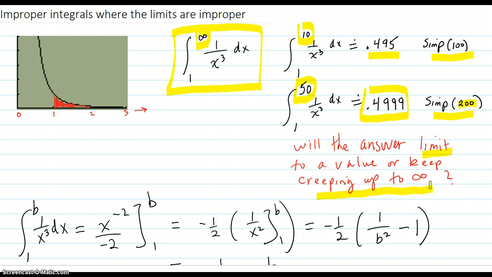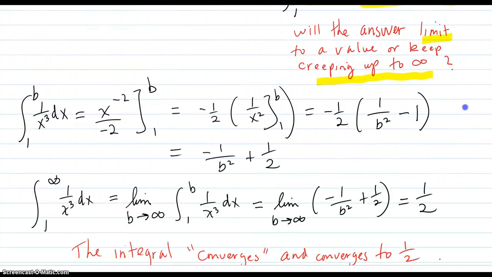The area we're talking about, on the graph, 1 to infinity, is all this area here, going all the way out under this curve forever and all adding up. So the question is, does it add up to something, or does it creep up to infinity?